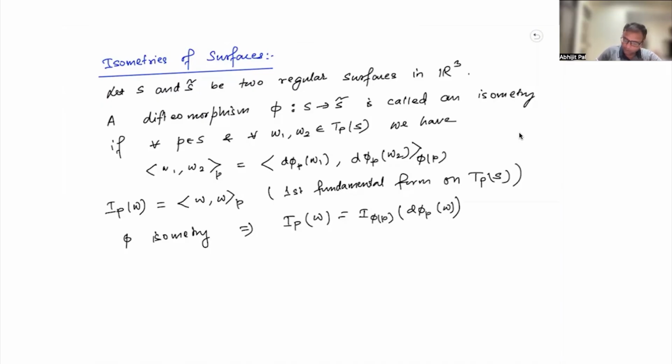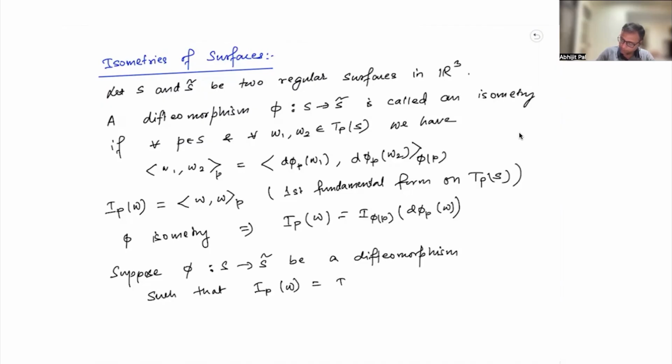Okay. So now, suppose phi from S to S tilde is a diffeomorphism such that I_p(W) is equal to I_phi(p) of d phi p of W, so the first fundamental form is preserved.